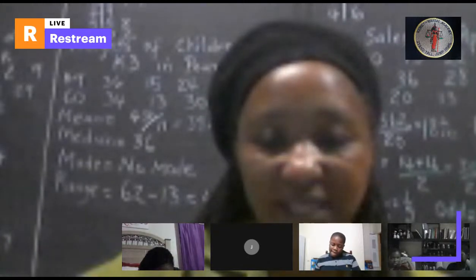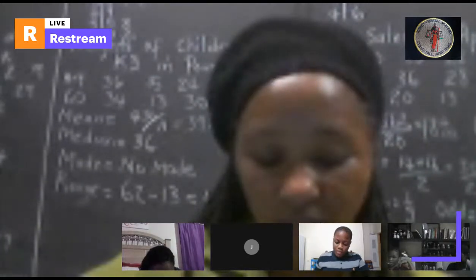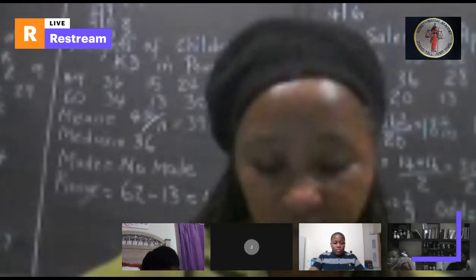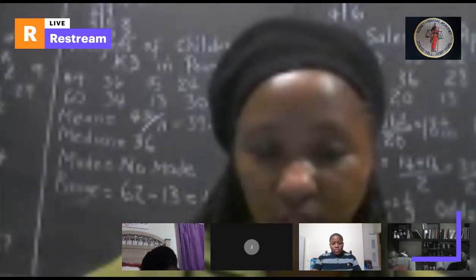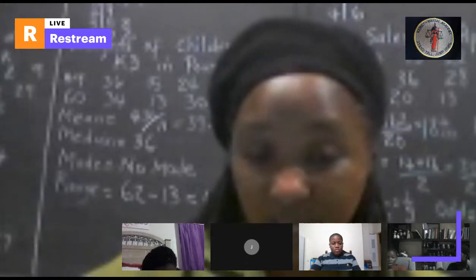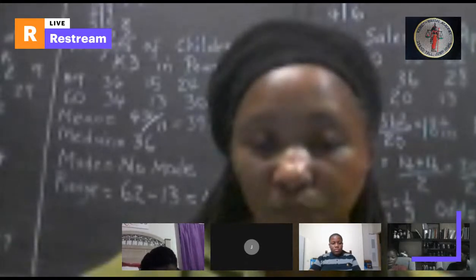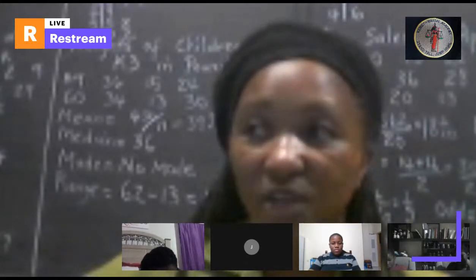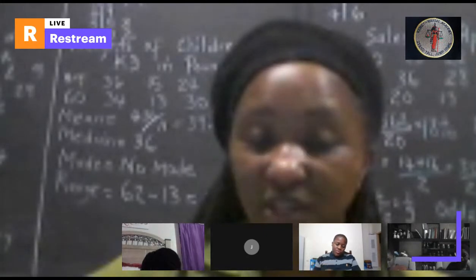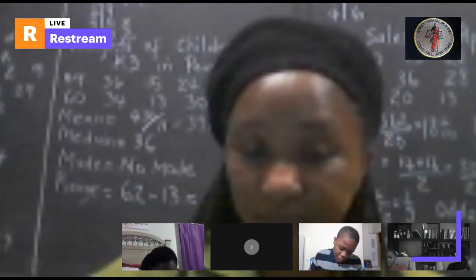So the median is the middle number. They are already in order when you construct your stem and leaf. Now remember, some stem and leaves you're going to see and they're not in order, and you have to put them in order.